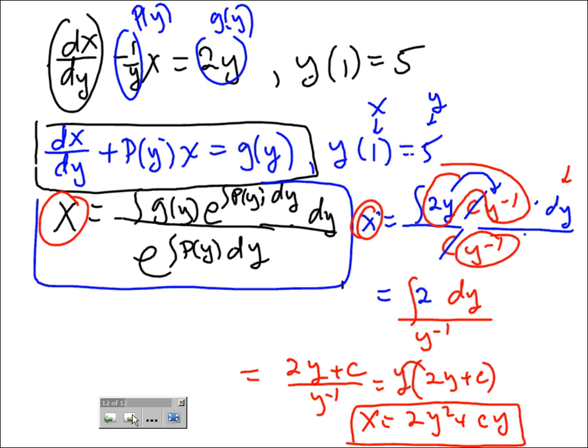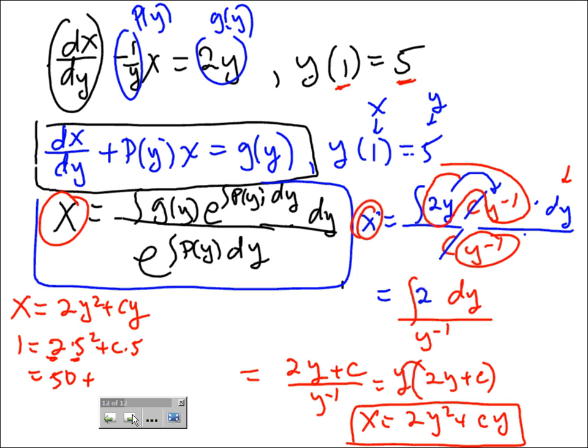We still have one last thing to do. We know that x is 2y squared plus cy. But when x is 1, y is 5. So 1 is 2 times 5 squared plus c times 5. 5 squared is 25, times 2 is 50. 50 plus some unknown value is 1.